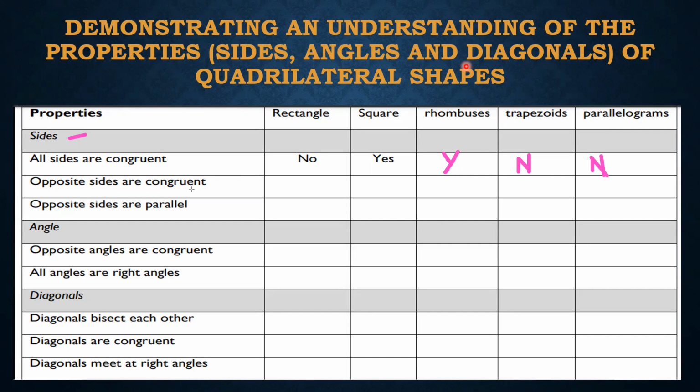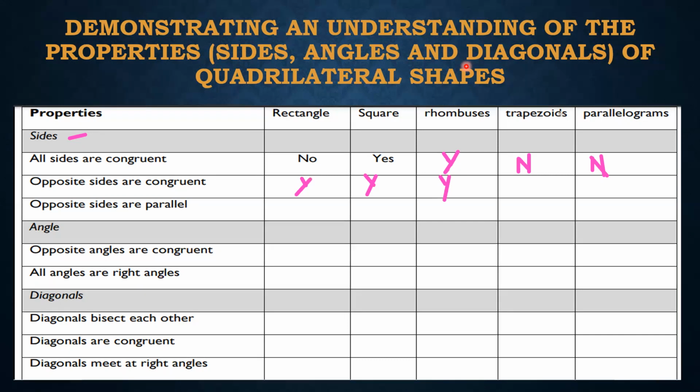Now, the opposite sides are congruent. The opposite sides are equal. Let's talk about the rectangle. Yes, the opposite sides. We said the two opposite sides are the same. So here, yes, the opposite sides are equal. Here, yes, the opposite sides are equal. Yes, the opposite sides are equal. The trapezium, only the other side.